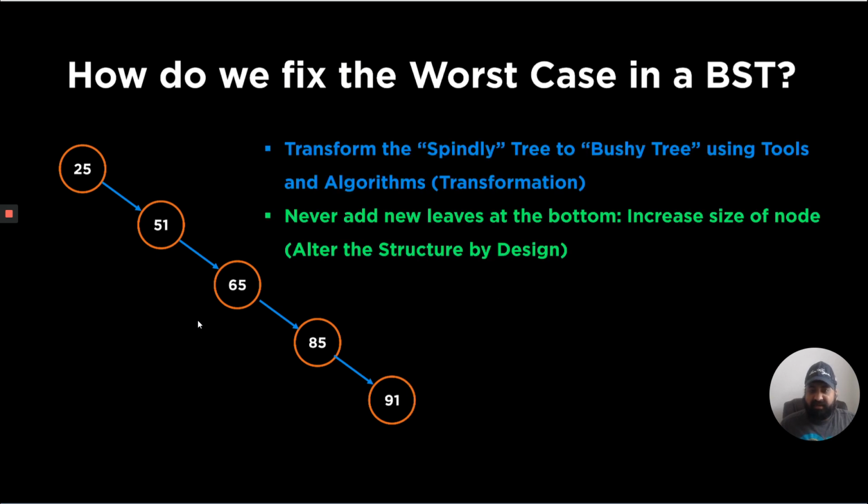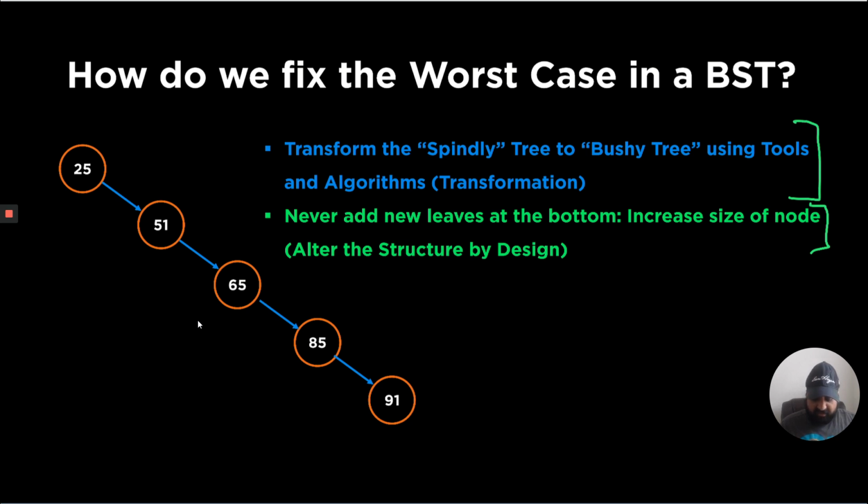So how can we fix that? We discussed the first way of fixing that by transforming the tree from our splinty tree to a bushy tree using tools and algorithms, which is, we transform the tree through rotations. The second way we are going to discuss today, and that is the motivation behind our first data structure, which is B trees.